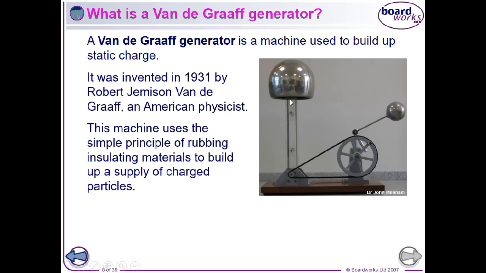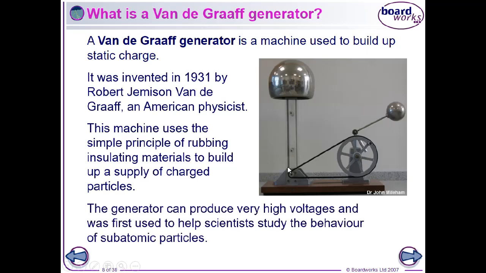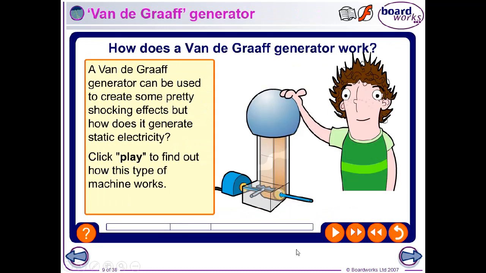Electrons will accumulate here, and the frame is made out of plastic, so it doesn't conduct. So if the top gains negative charge, then the bottom will gain a positive charge. Electrons will be rubbed off the rubber at one end and picked up at the other end. This can accumulate quite large amounts of charge and produce very high voltages that we can then use for all sorts of experiments.